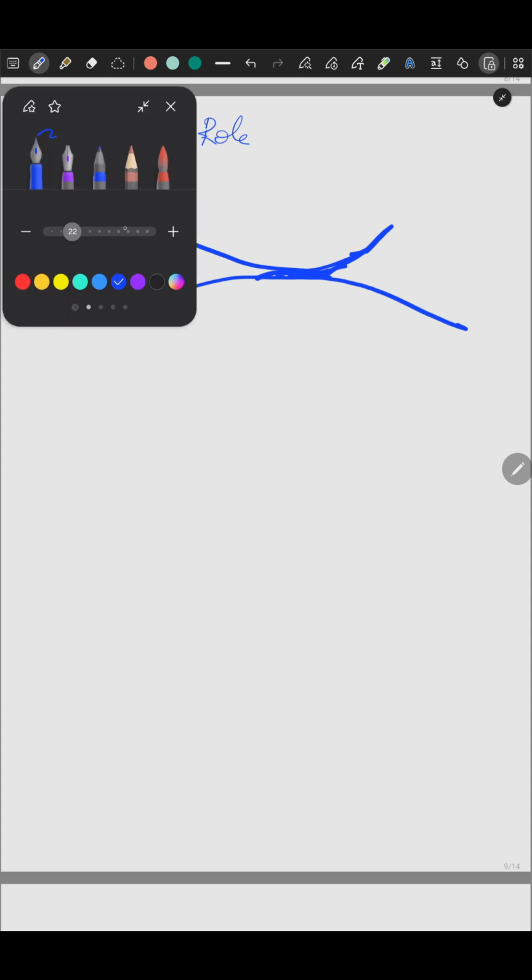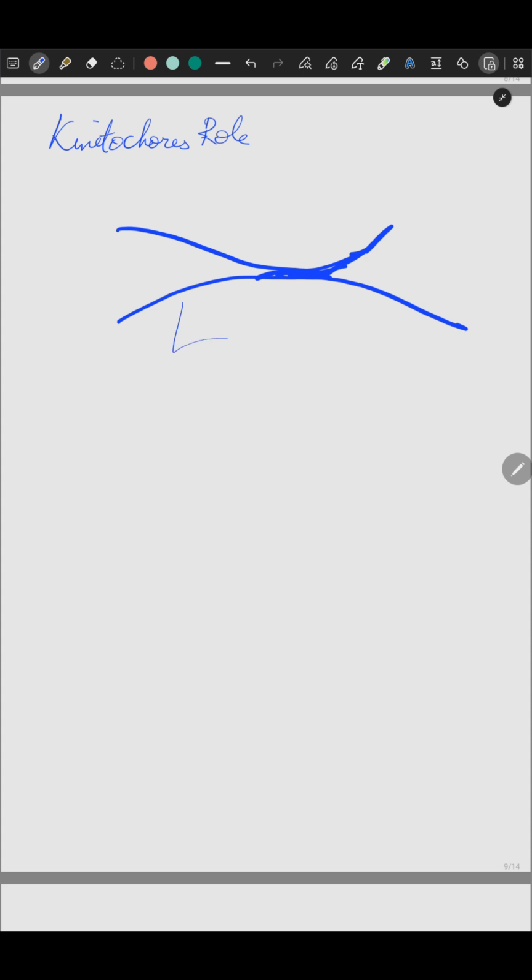Let's talk about the kinetochore role. For example, this is one chromatid, this is the second chromatid. Together they constitute a chromosome.